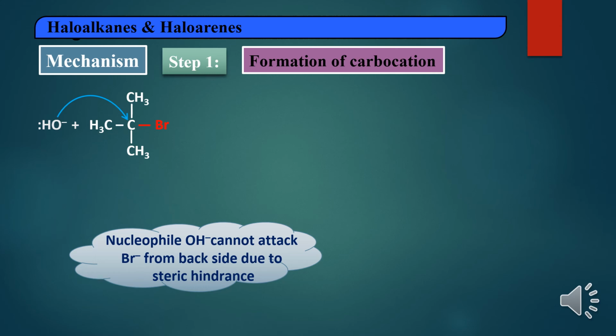Where Br is attached, exactly on the opposite side, it cannot attach due to steric hindrance. So on the same side there will be repulsion and on the opposite side there will be steric hindrance.